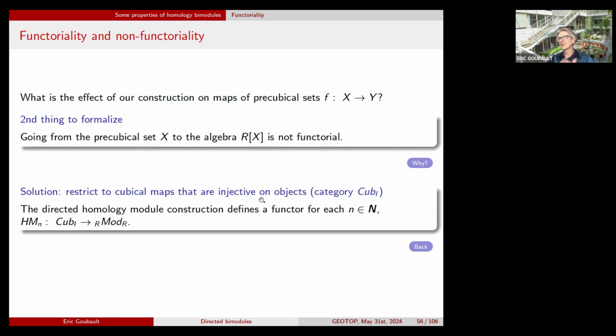And as long as you're looking at Mayer-Vietoris, inclusion maps, dihomomorphisms are going to be at least injective maps, so it's enough to have this construction. So this directed homology module construction defines a functor from this precubical category with just injective maps to this category of modules of a varying algebra. Okay.